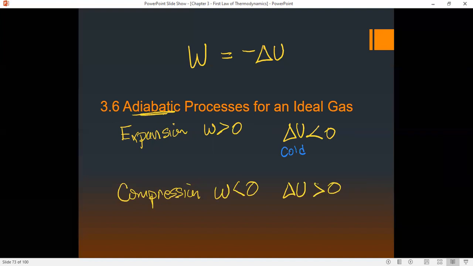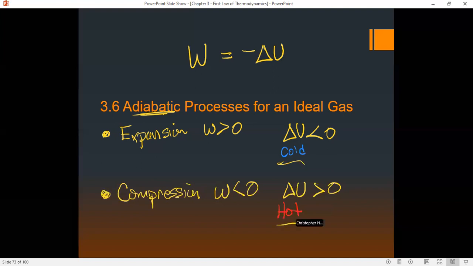The gas is getting hot because the internal energy is going up, and internal energy is a function of the temperature. So this is a really interesting thing that we see. If we don't allow heat to enter or leave a gas, if we allow it to expand, it's going to cool off. If we compress it, we can heat it up.